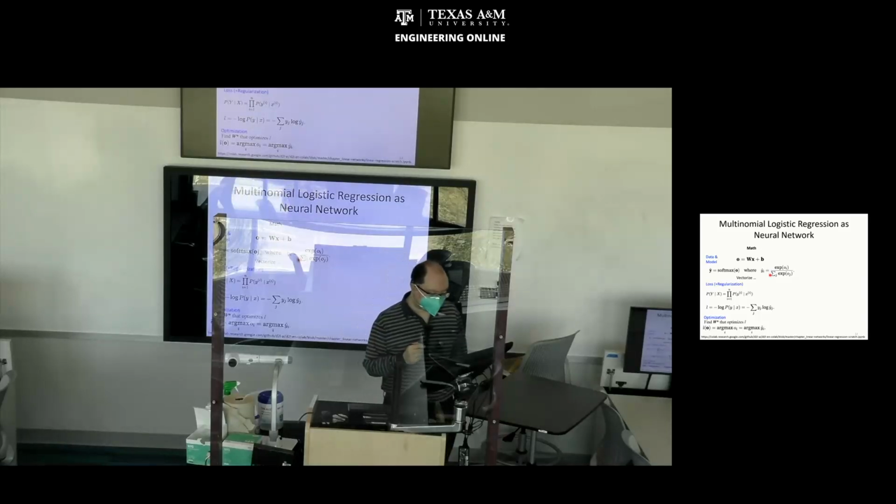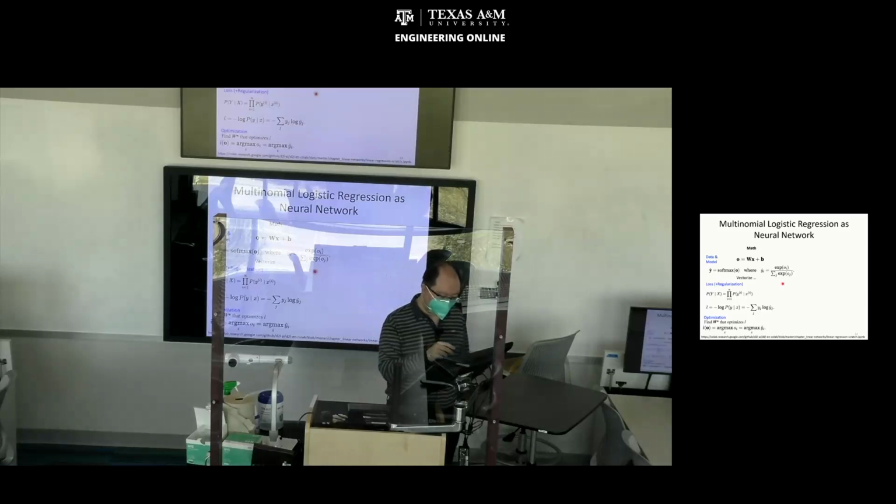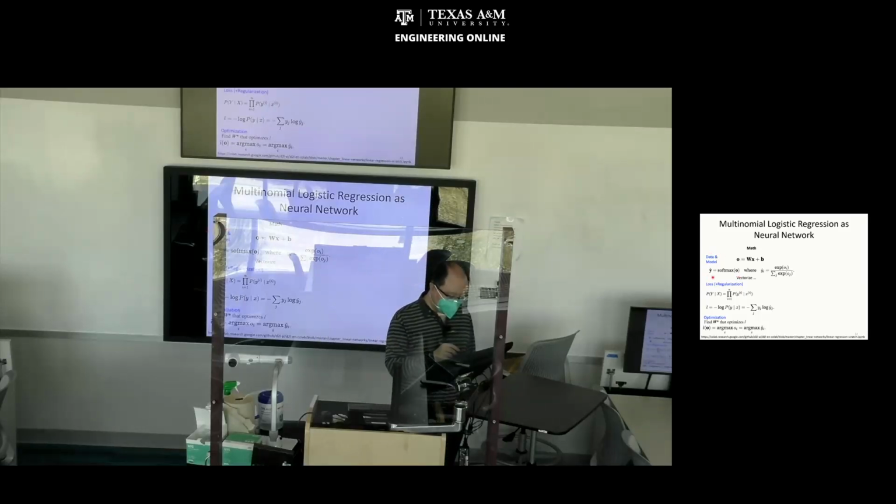These i's and j's are the dimensions for the labels. If you have K classes, j goes from 1 to K. Then you can vectorize them. So this is a multinomial logistic regression, which is essentially a linear regression plus a softmax for classification. So this is the data and the model, and what is the loss function?